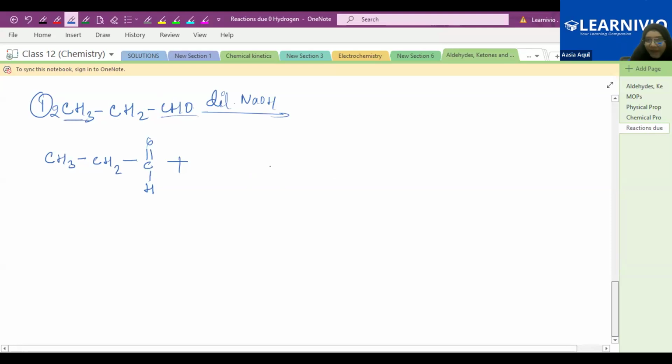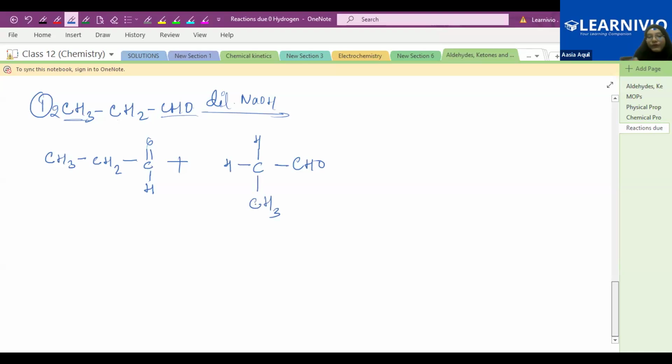How will you write the second molecule? CHO, this alpha carbon, you will write like this carbon, and you will show two hydrogens, and the third one you will write as it is. Now see, both are the same molecule, but the way of writing is different.